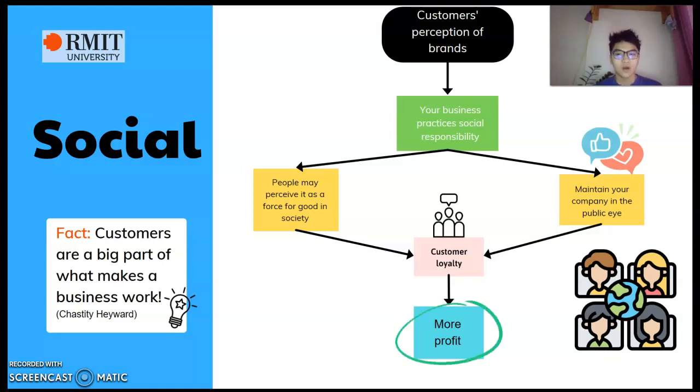Without them, the business won't even exist. In exchange for loyalty, customers will expect the brand to treat their society well as well, so that customers are willing to pay more money.